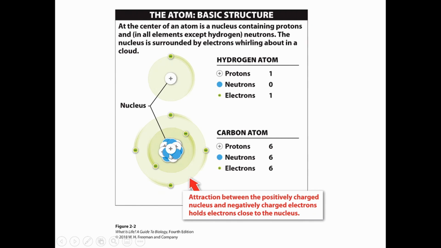The carbon atom's a little bit more complicated. Here we have 6 protons, 6 neutrons, and they're making up the nucleus, and then 6 electrons free floating in this cloud around our nucleus. But we notice that this cloud kind of has different layers. We have an inner layer and an outer layer. We'll talk a little bit about that in a little bit.